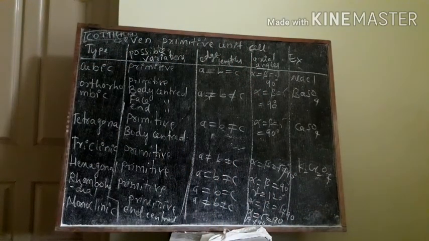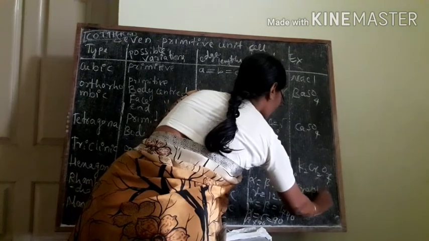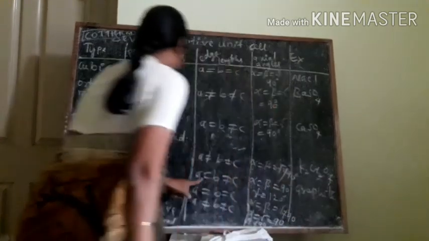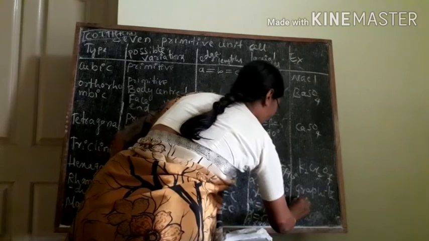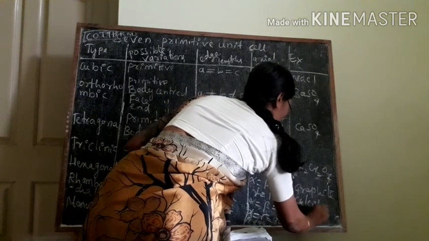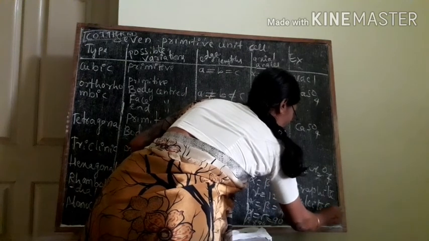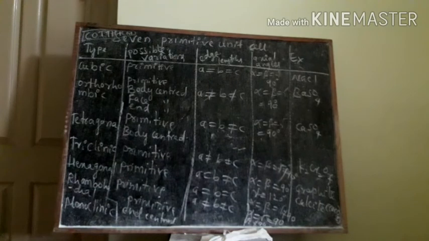Hexagonal: graphite. Rhombohedral: calcite. Calcite is an ore of calcium carbonate, CaCO3. And next is monoclinic.